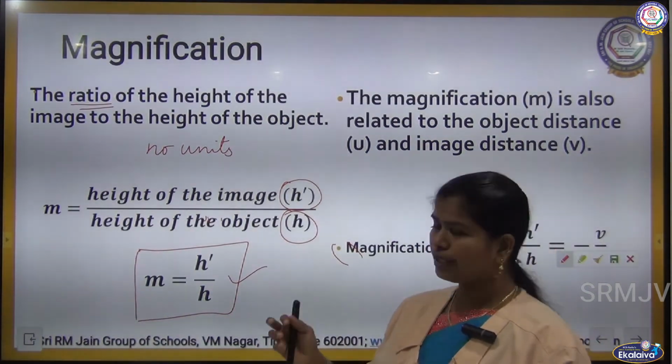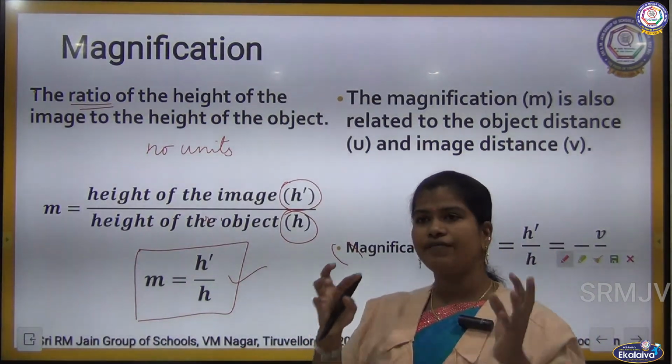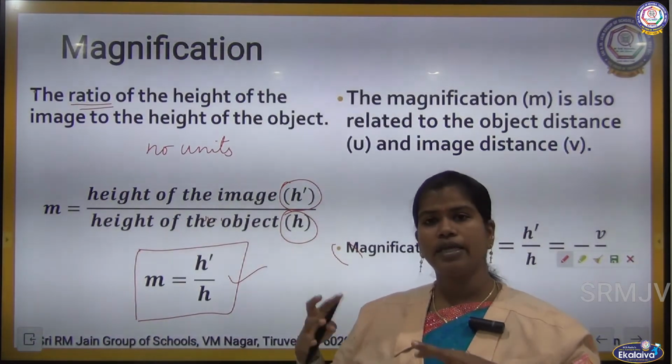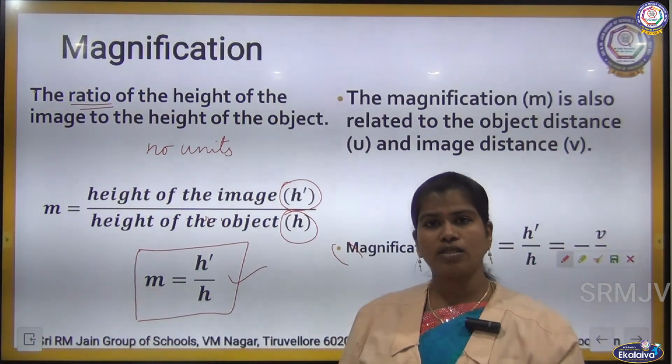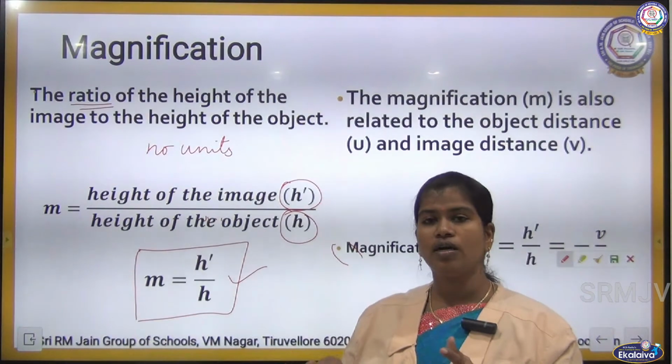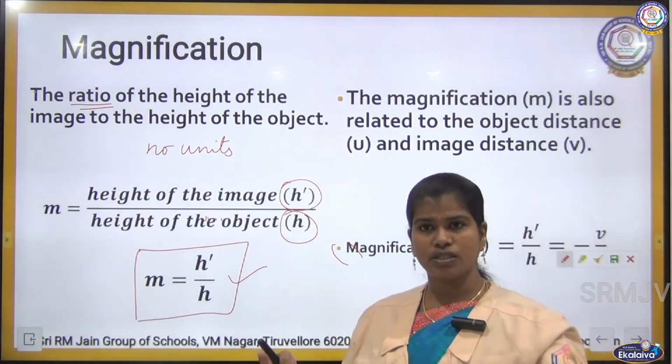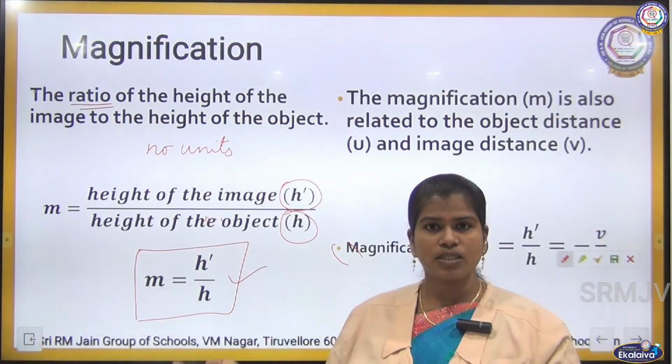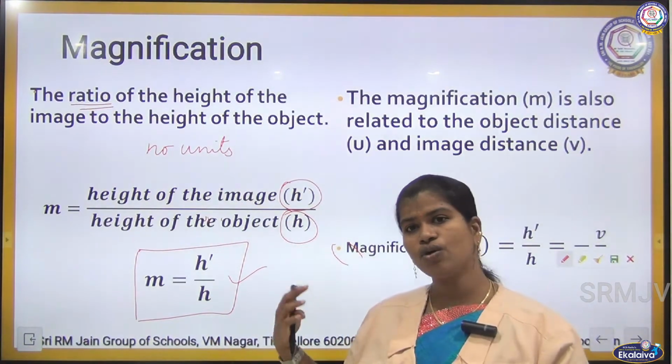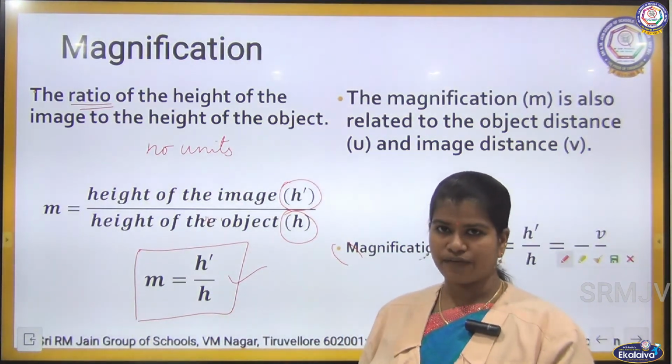This magnification is a ratio, that is, when we compare with the object, whether the image is increased in size or decreased in size. If it is increased, how much it is increased; if it is decreased, how much it is decreased. That ratio is called magnification.